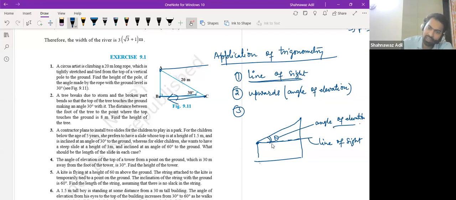And then if you are looking downwards from the line of sight, then that angle is called the angle of depression.